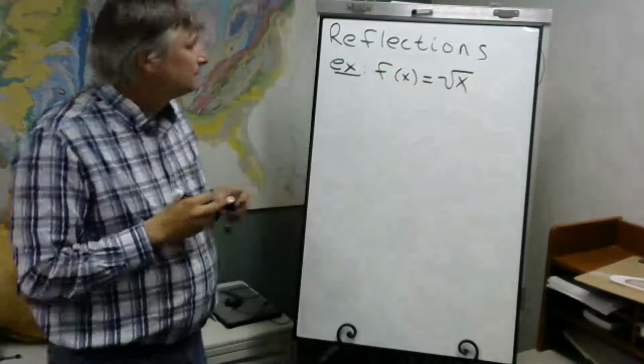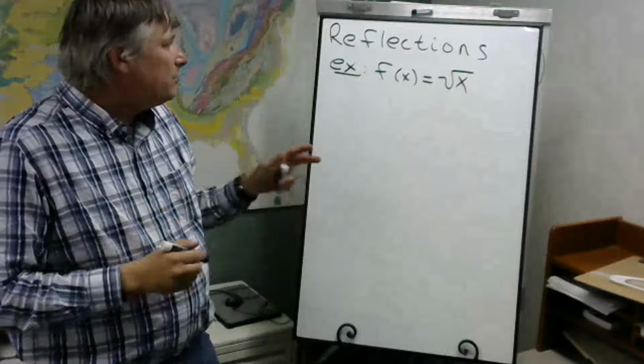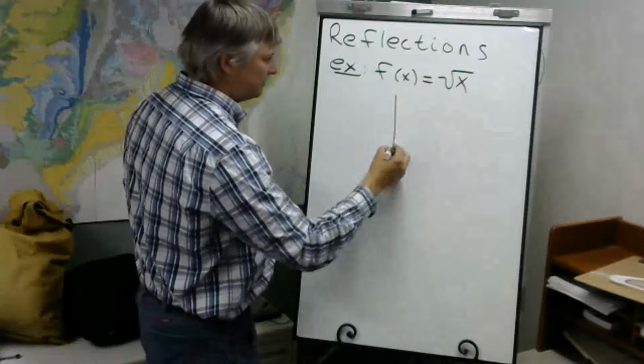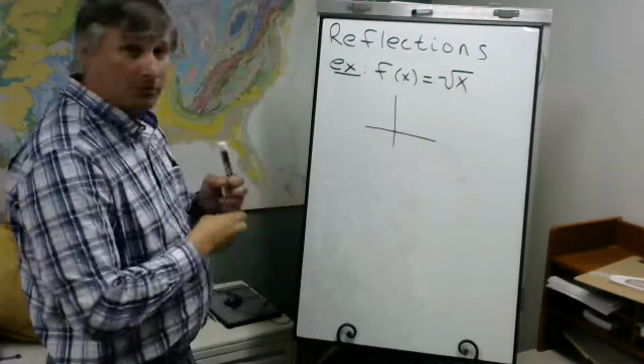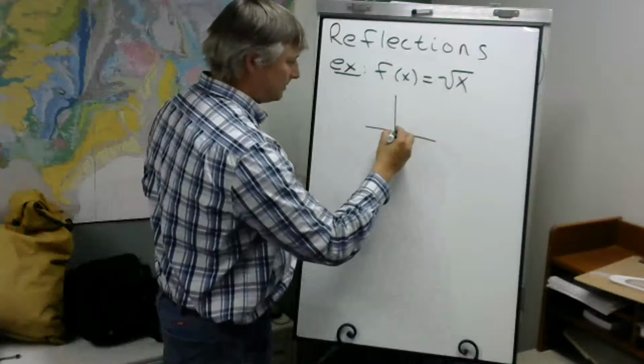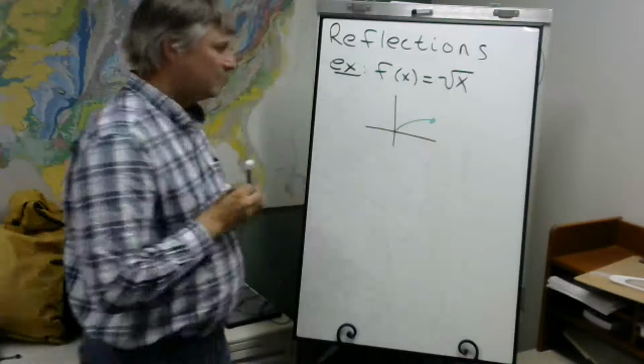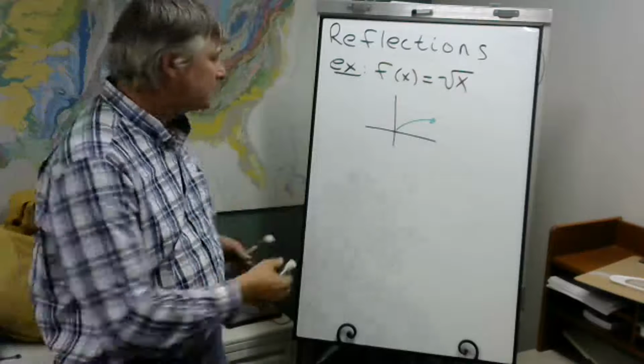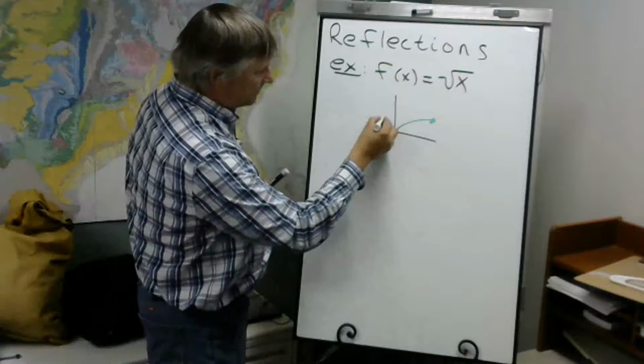Say we have this one. Now, we know this function. You recall this canonical function, square root of x. It's like this. So reflecting it across the y-axis means we're going to make it look like this.